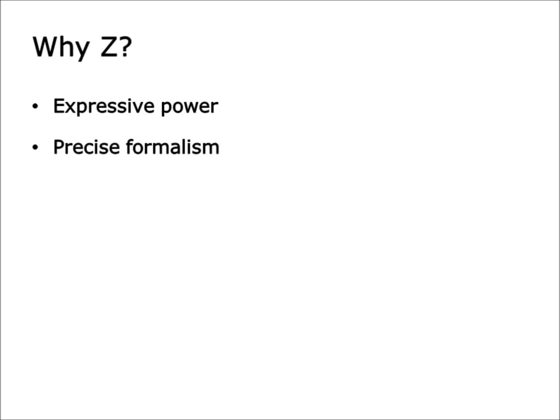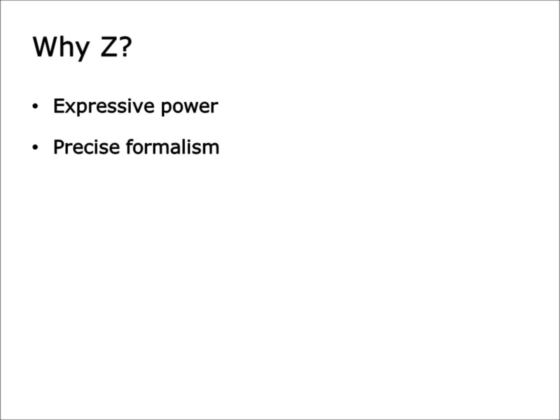Why use Z notation? Although UML and data flow diagrams are useful in modeling system behavior, there are limitations in the amount of detail that they can describe. Given the expressive power of modern mathematics, it is natural to adapt mathematics to the description of computer systems. The use of mathematics to describe computer systems also lends itself to precise formalism.